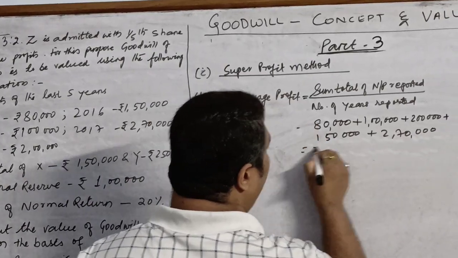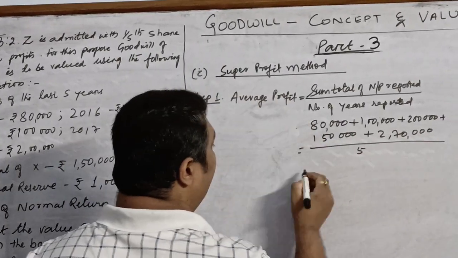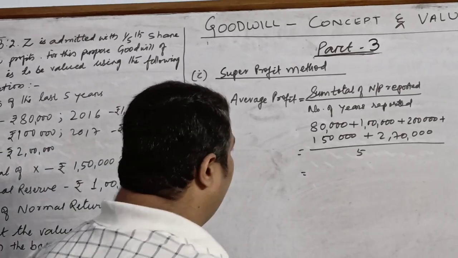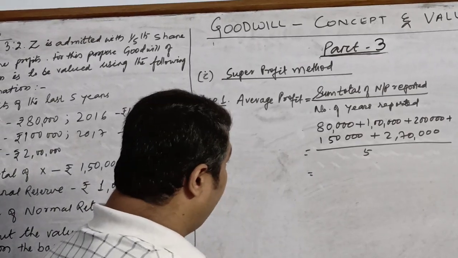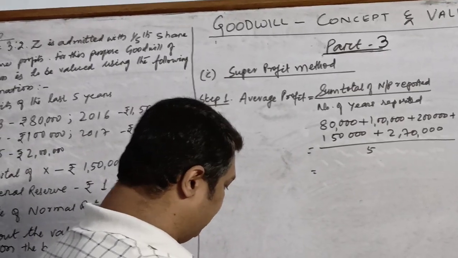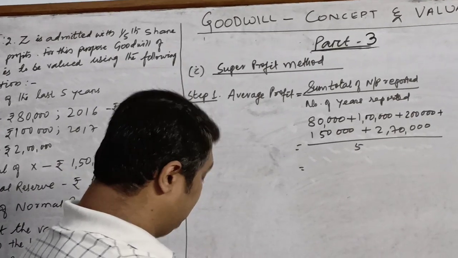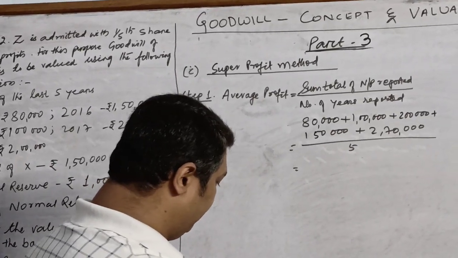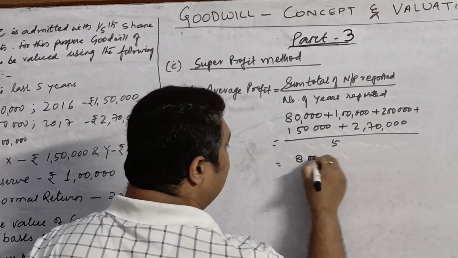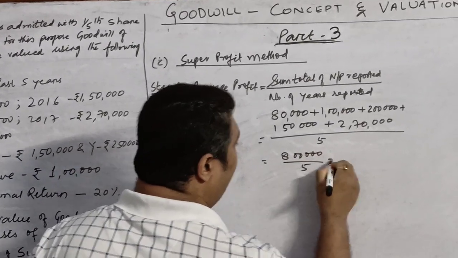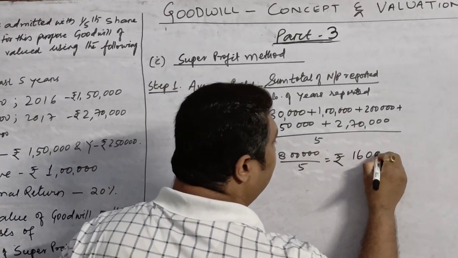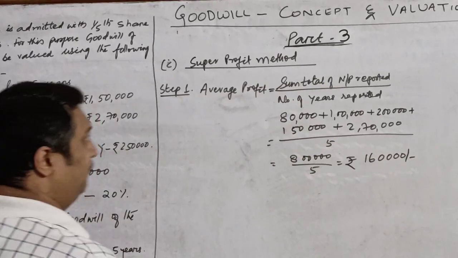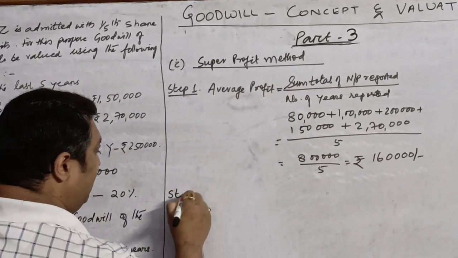So we'll divide it by 5. The average profit, which will be rupees 3,80,000 plus 4,20,000. So it is rupees 8 lakhs divided by 5. Rupees 1,60,000 is your average profit. So first step is done.